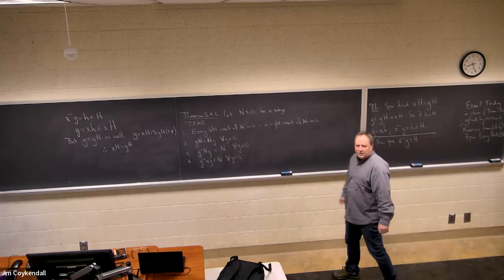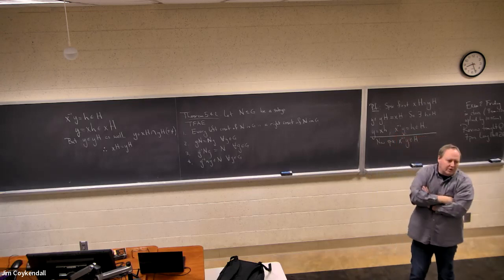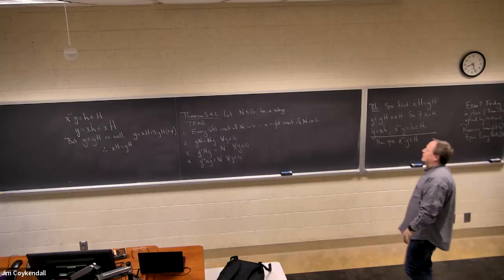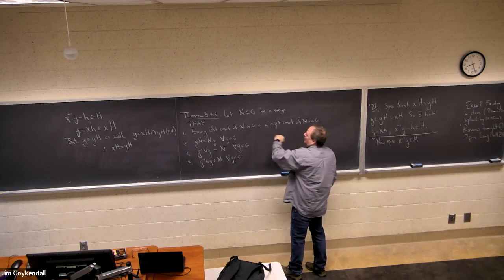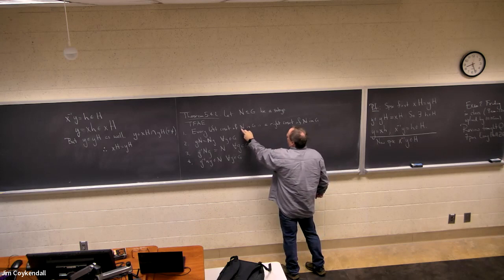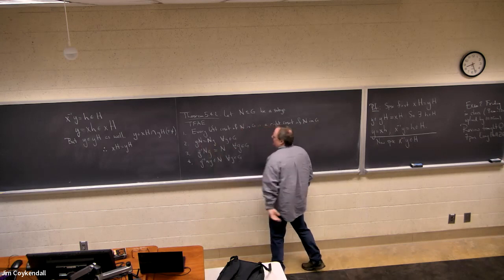Now let me talk through this a little bit. So if any one of these four conditions holds, then N is what we call a normal subgroup. If every left coset is a right coset, well, take a left coset gN. g has to be in here, and it also has to be in Ng, so that means gN equals Ng.